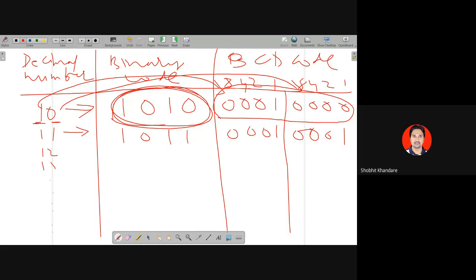Can anyone of you tell me हम 5th bit में कब जाएंगे? That is also a good question. Tell me हम 5th bit में कब जाएंगे when the decimal number is? Now this is a more interesting question. Use your brain and tell me the answer.